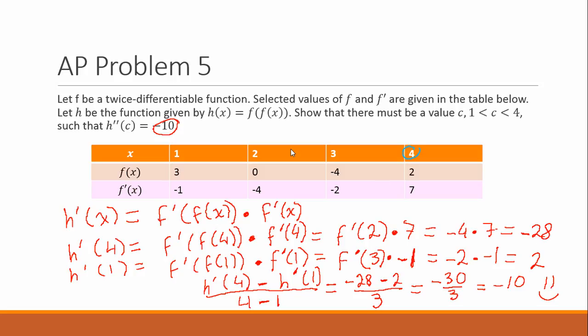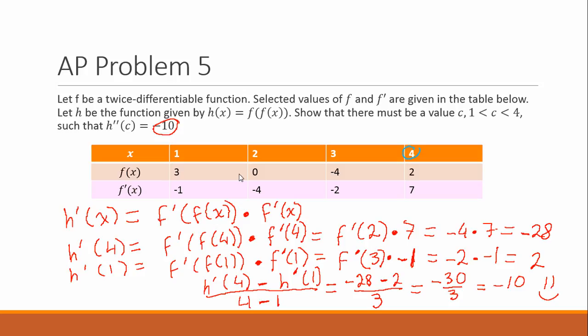Right, so now we're just going to do exactly the same thing with h prime of 1. So h prime of 1 is equal to f prime of f of 1 times f prime of 1. Once again, we're just plugging in. So this is equal to f prime of, well, let's have a look what f of 1 is. Here's 1, f of 1 is equal to 3. So f of 1 equals 3, so f prime of 3, and then we're multiplying by f prime of 1.